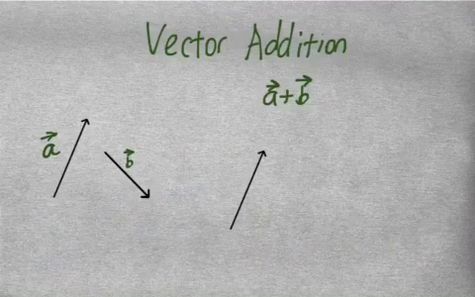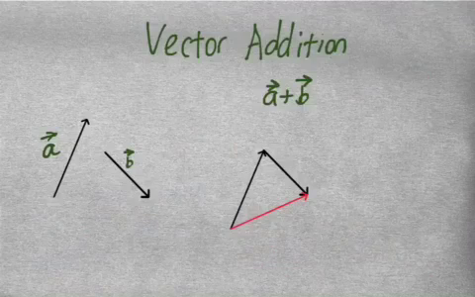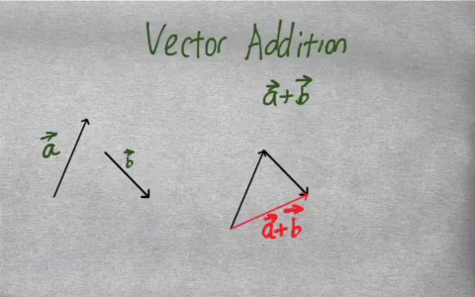And then on the head of A, I'm going to put the tail of B. So I'm going to connect it perfectly. And then going from the start to the final ending point, that is what A plus B is going to be. So when we do vector addition, we just put the two vectors end to end basically, and wherever they end up, that would be the result.